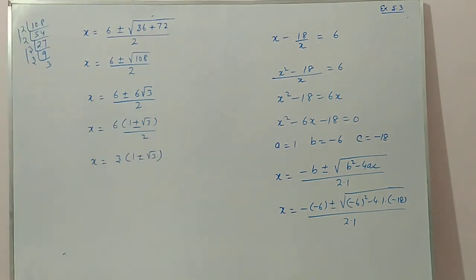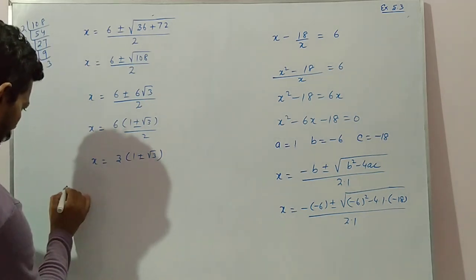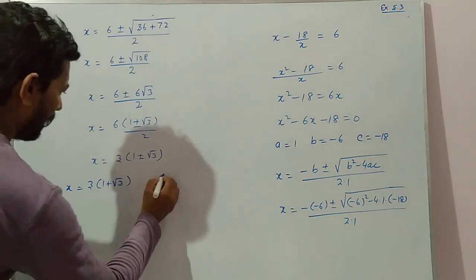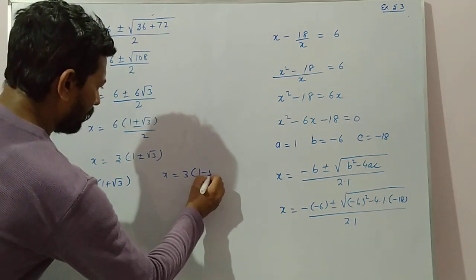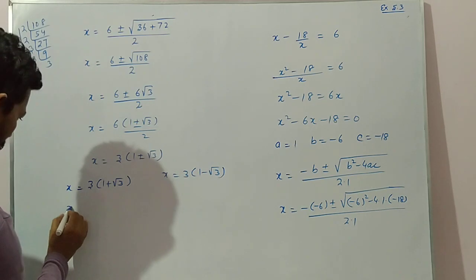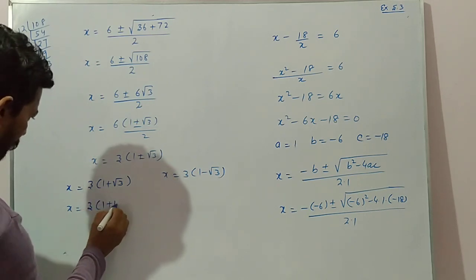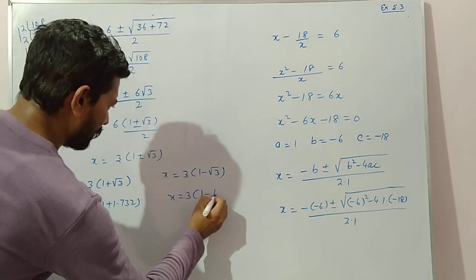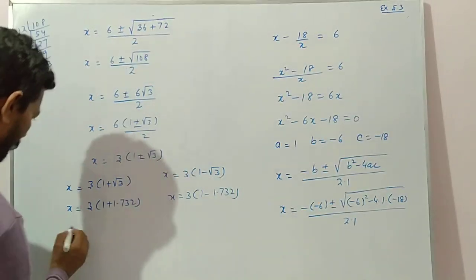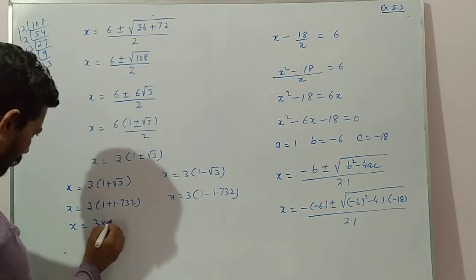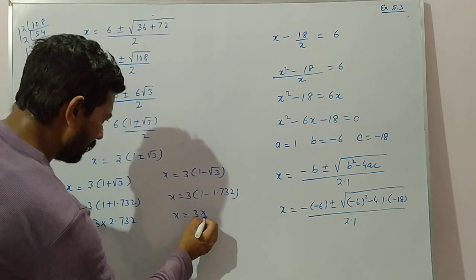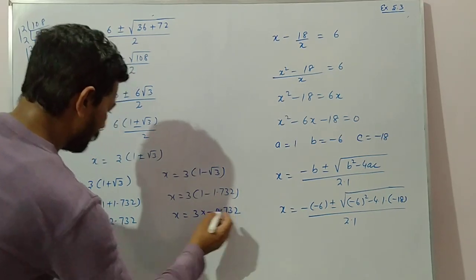Now root 3 value is 1.732, as all of you know. So this is 3 times 1 plus root 3, and the second one is 3 times 1 minus root 3. So x equals 3 times 1 plus 1.732, and x equals 3 times 1 minus 1.732. x equal to 3 into 2.732, and x equal to 3 into minus 0.732.